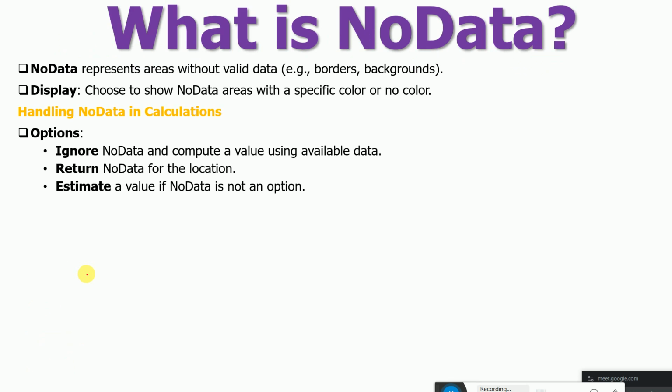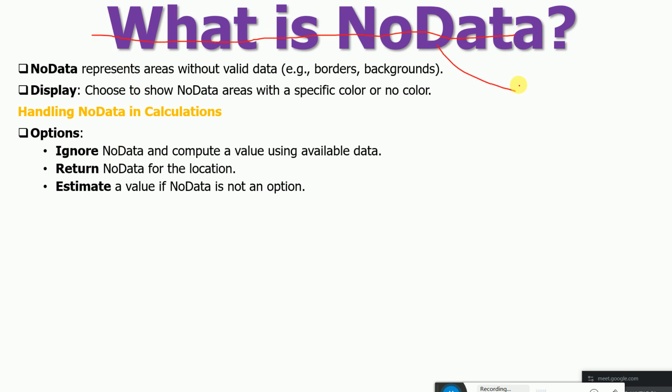And now come to no data. No data is generally related to missing values. No data represents the areas without valid data, for example borders and backgrounds in a display. What is no data?